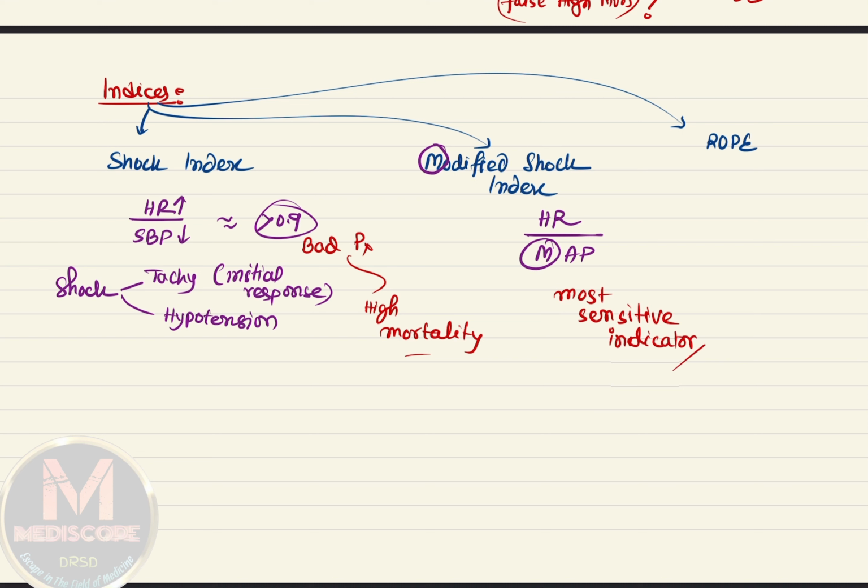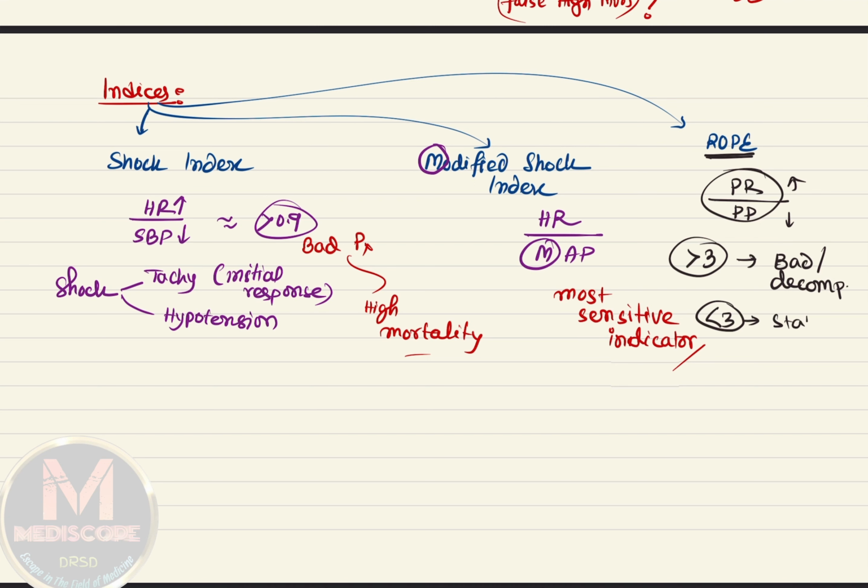Next is ROPE, rate over pressure difference, denoted by the pulse rate divided by pulse pressure. Again, the pulse rate increases and pulse pressure decreases. A narrow pulse pressure happens in shock, and if this ratio is more than 3, that is a bad prognosis and indicates decompensation. Less than 3 means it's a stable patient.